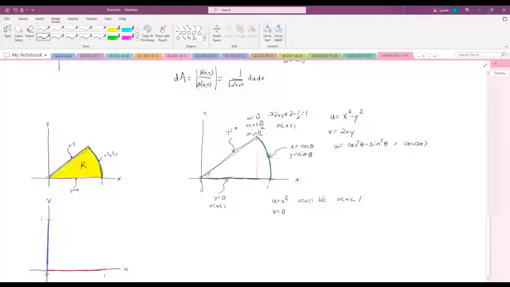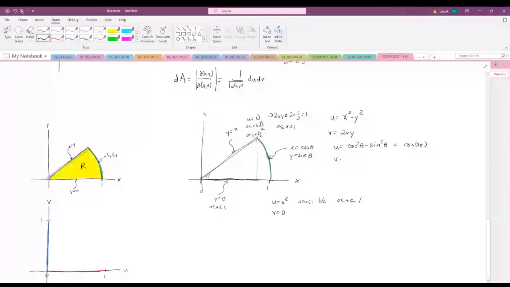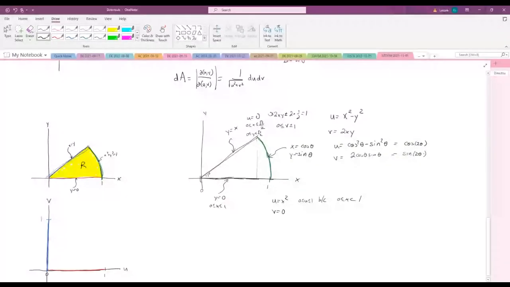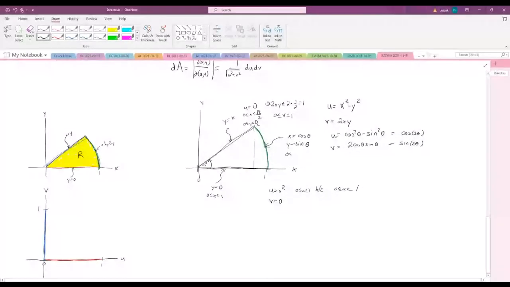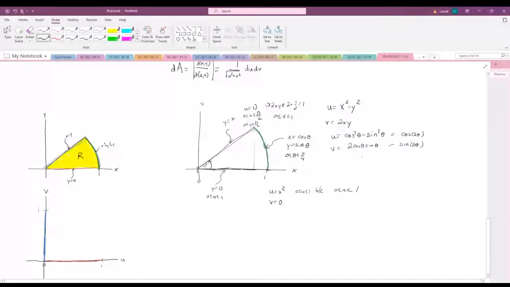Then v would be 2 times cosine sine, which again, by a trig identity, is sine of 2 theta. Notice that theta in the xy plane only goes from 0 to pi over 4, a 45 degree angle. So if theta goes from 0 to pi over 4, then 2 theta would go from 0 to pi over 2.